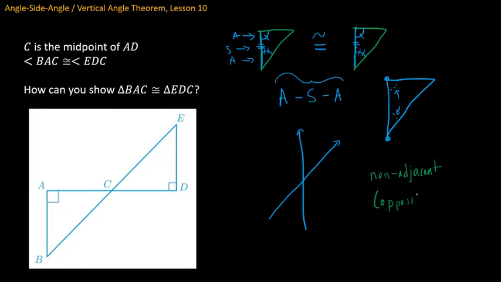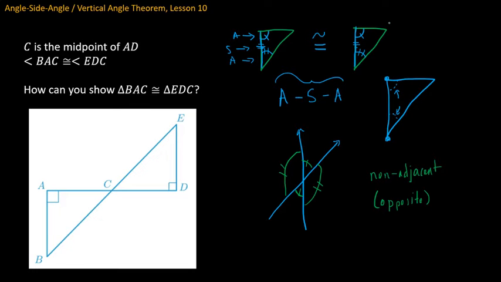Okay, so adjacent means next to each other. So non-adjacent means any two angles that are not next to each other. Another way of saying that is simply to say opposite, right? So that means these two angles are congruent to one another. This angle is also congruent to that one. Okay, so each of these formed 4 angles. Each set of my 2 angles that are opposite of one another are congruent.